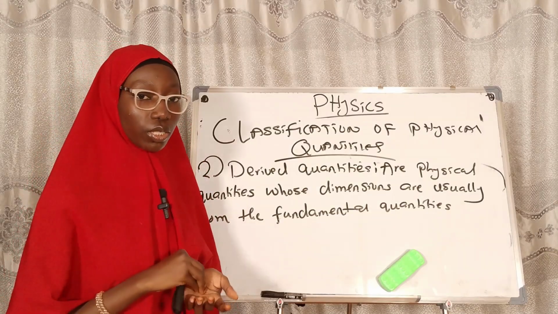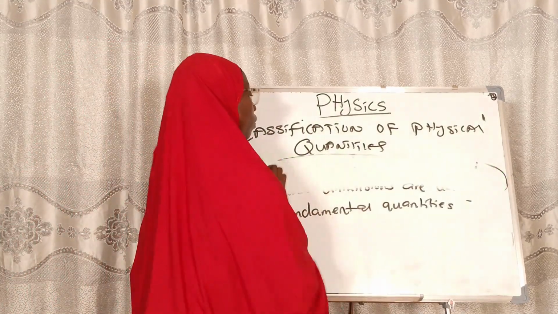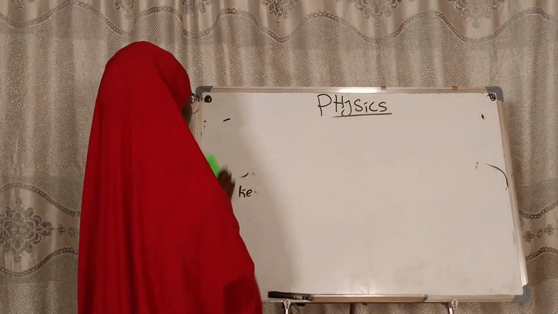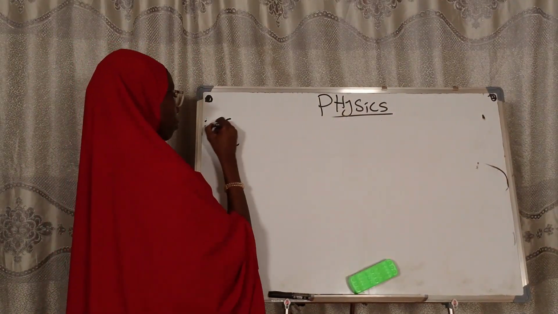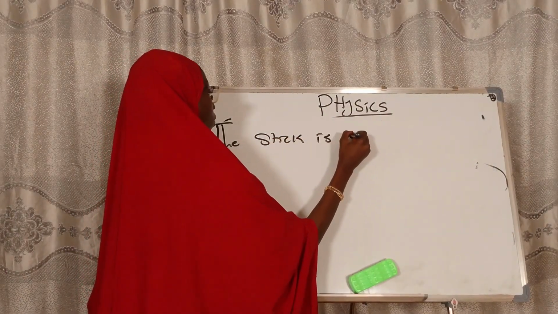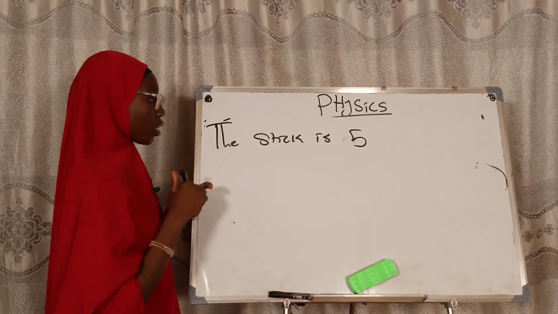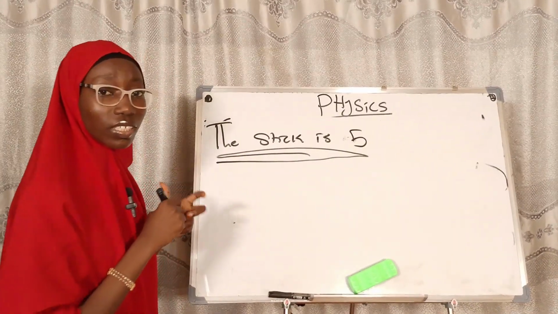Units are non-negotiable. Consider 2 examples. The stick is 5. This is nonsense. 5 what?